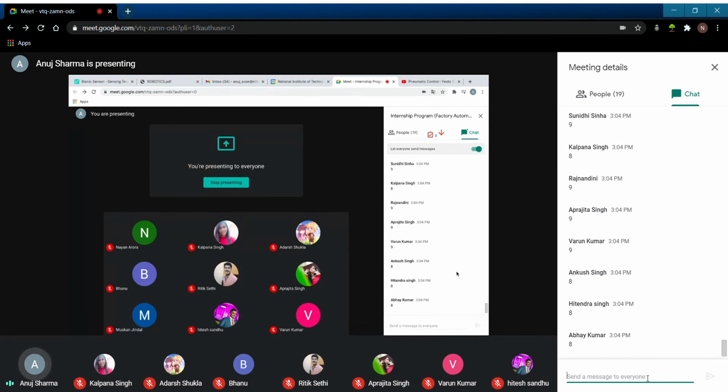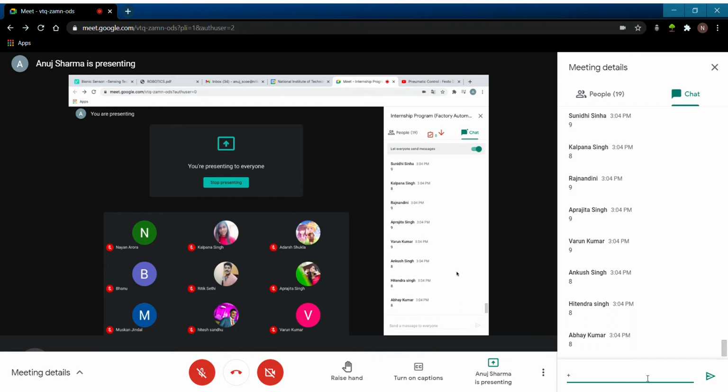So there are four holes. One stroke for drilling, one stroke for countersinking, so there will be two processes for each of them. So there will be 8 strokes for four holes, but while it was picking up through vacuum, there was one extra process.